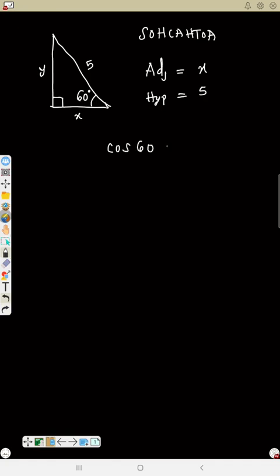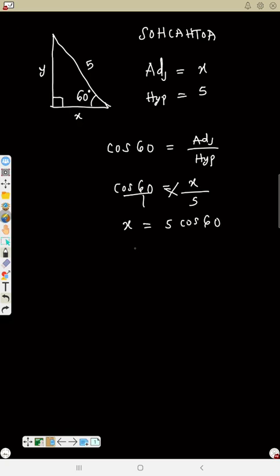So cos 60 equals adjacent over hypotenuse, that is x over 5. So cross multiply. x is equal to 5 cos 60.